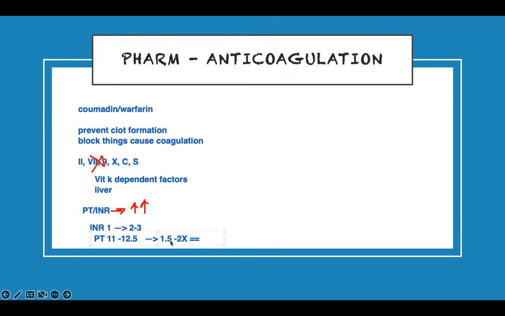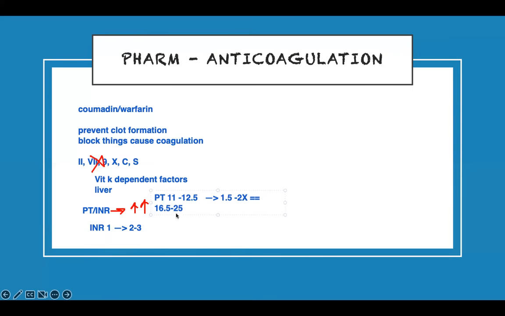So 11 times 1.5 is 16.5, and 12.5 times 2 is 25. So this is the range. INR should be 2 to 3 and PT should be 16.5 to 25.